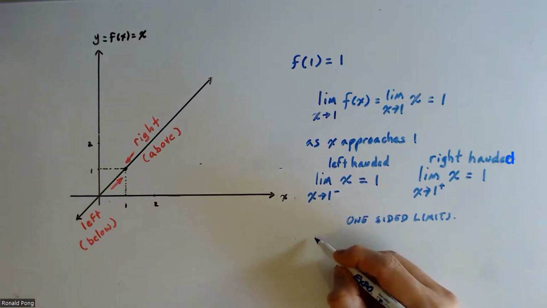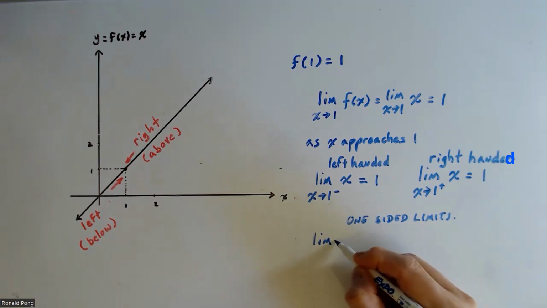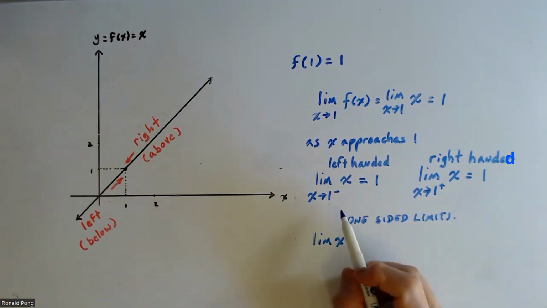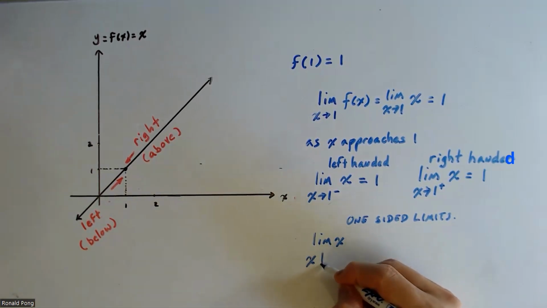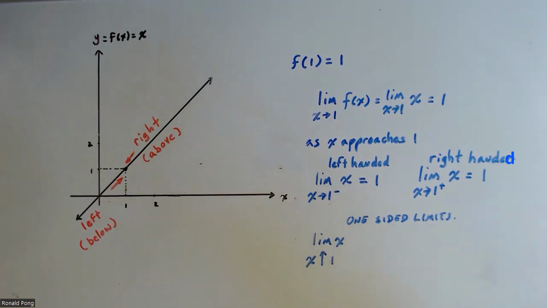I'd like to show an alternative notation that I have seen in the past. It's not as common anymore as the little minus or little plus, but I just wanted to point it out so that you're aware of it in case you see it in some other texts. Some authors use an arrow pointing up, indicating that we are using values of x that are increasing toward the value of 1.